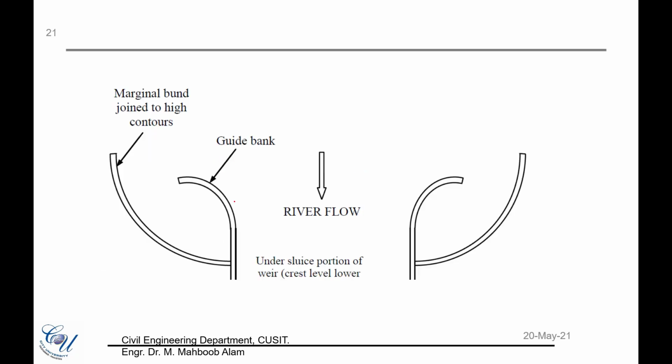This particular diagram gives you an indication or an idea about the marginal bund. You see, this is the guide bank. This guide bank ensures that the water enters a particular diversion headwork in an axial way. This marginal bund, on the other hand, makes sure that the water, even if it enters this area, does not go out of these boundaries.